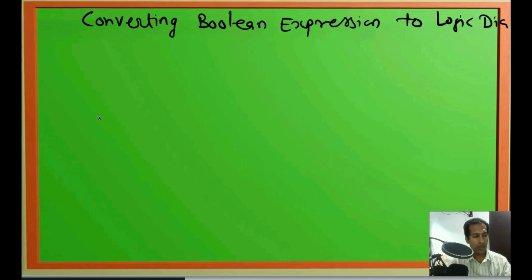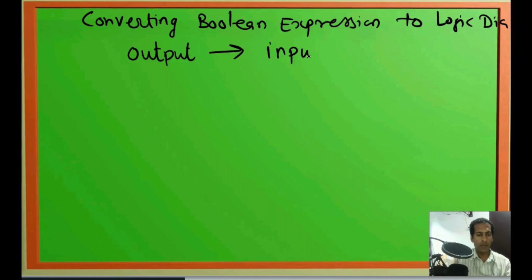The easy way to convert a Boolean expression to a logic circuit is to start with the output and work toward the input.